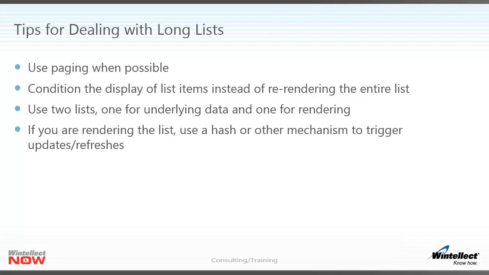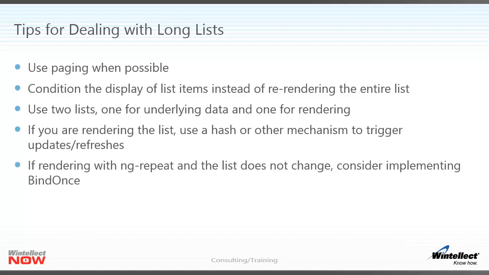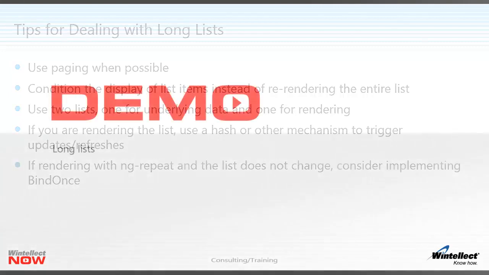In other words, you can store some special property on that list, and then you control when a list item changes, and you can refresh that property and watch that property instead of the entire list. Of course, if you're rendering with ng-repeat and the list is not going to change, consider implementing bind once as we showed in the previous example.